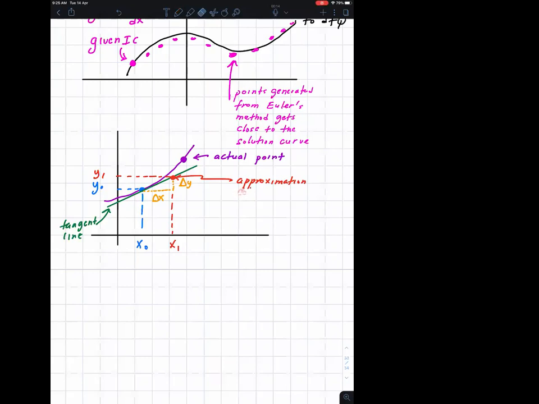Actually, we are not finding the slope. We are using the slope method here to approximate the solution of the differential equation. Approximation close to the solution curve.